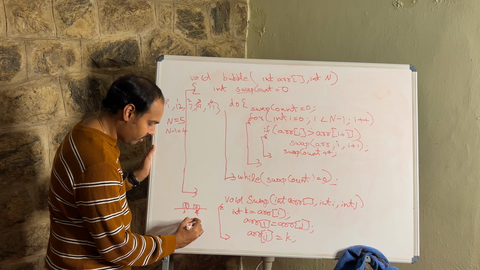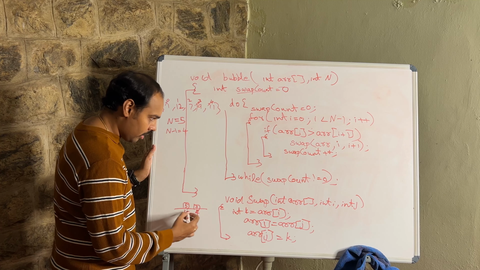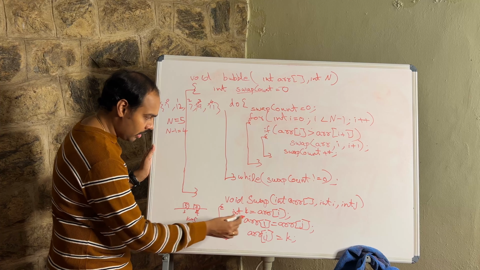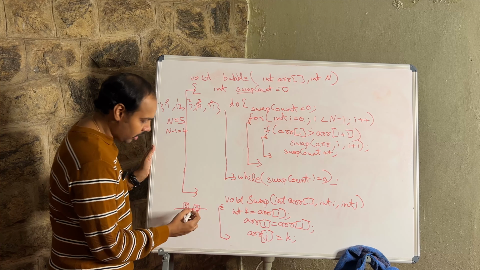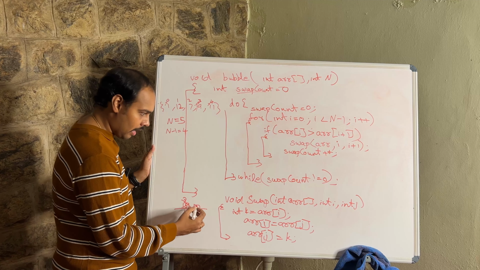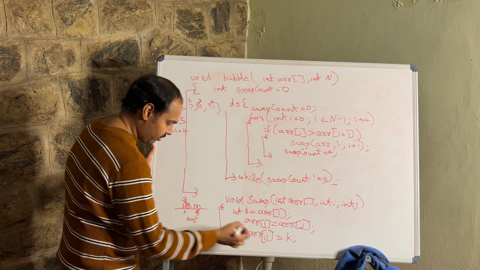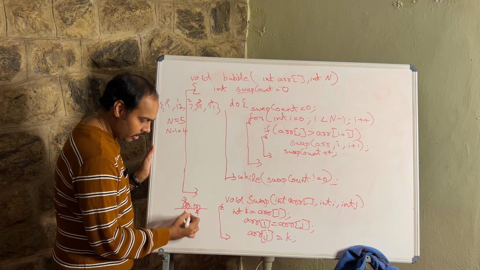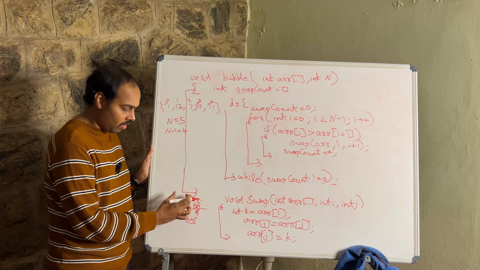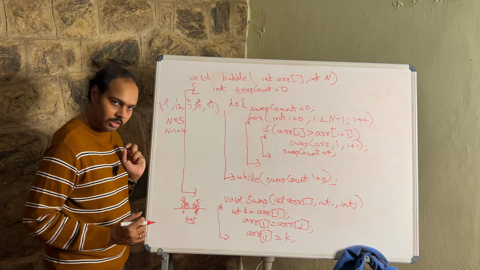Now k equal to 5 because arr of i is 5. Now in the place of arr of i I am putting arr of j. So instead of 5, I am putting 3 here, and in the place of 3, I am putting whatever is stored in k, 5. So I have successfully swapped 5 and 3.